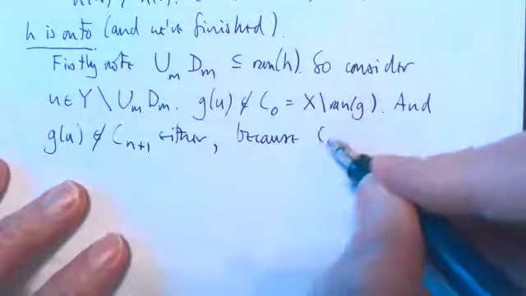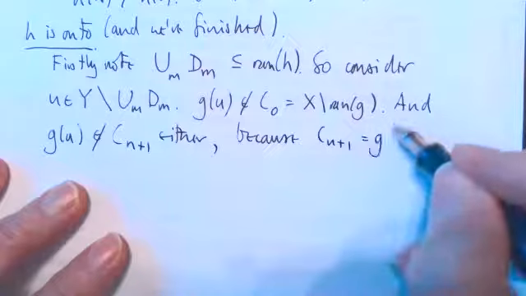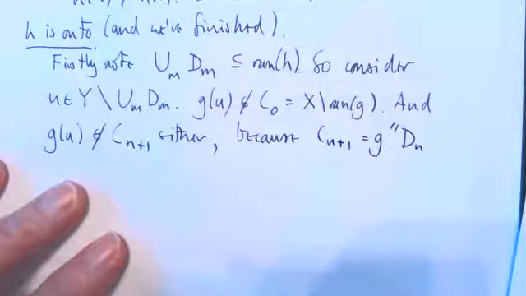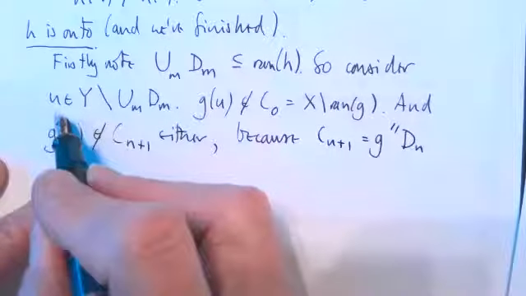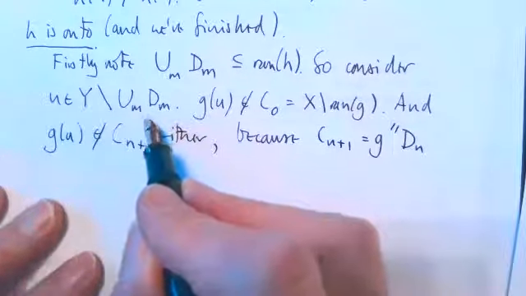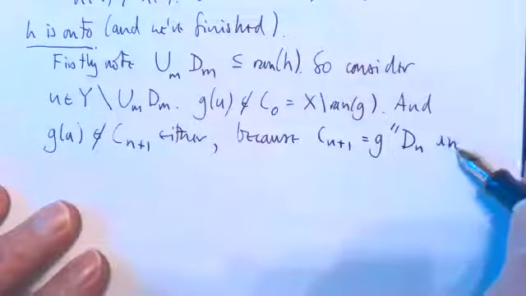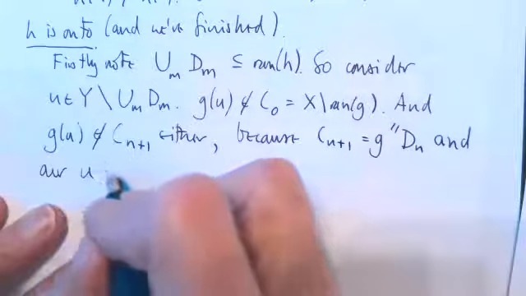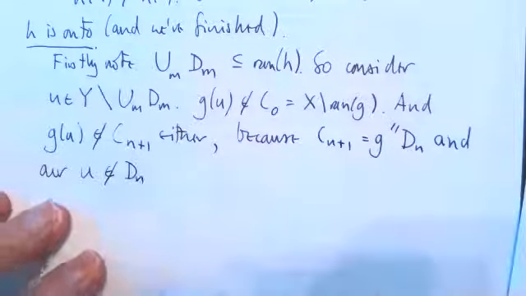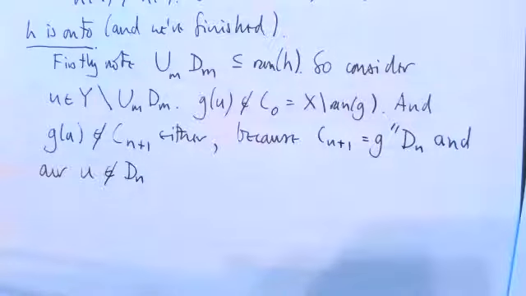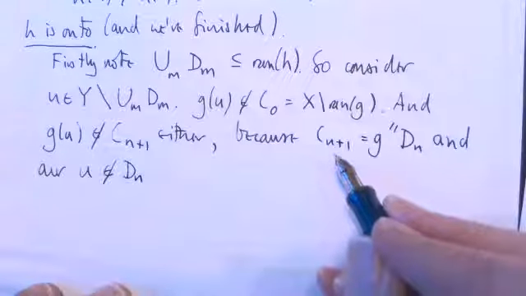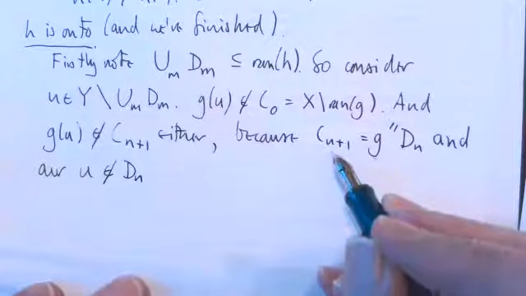This is because Cn plus 1 is g on Dn, and u that we're worried about is not in any of the Dn's. So g of u can't end up in Cn plus 1.